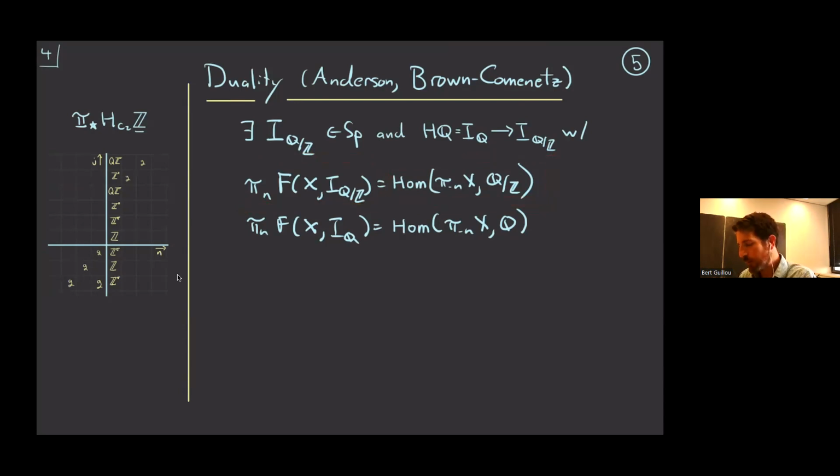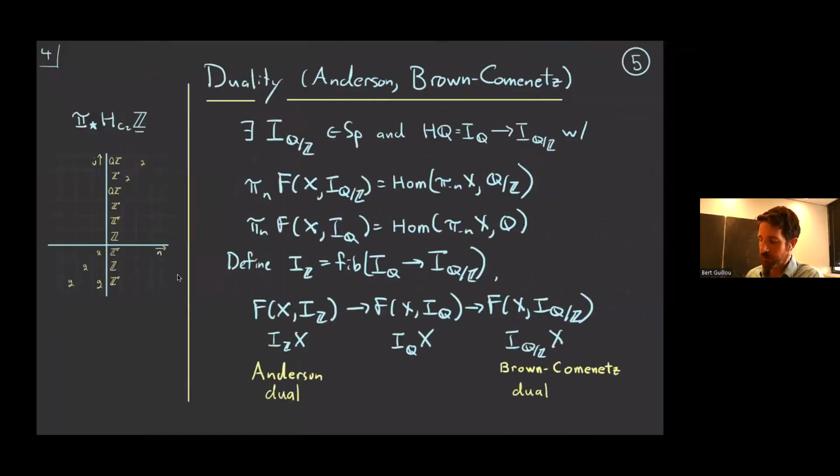Similarly, we can do the same thing with Q, because that's also injective. We introduce the notation IQ for the rational Eilenberg-MacLane spectrum, and we get a similar formula. Then, from the map from Q to Q/Z, you get a map of spectra, and we use that map to define IZ as the fiber of it.